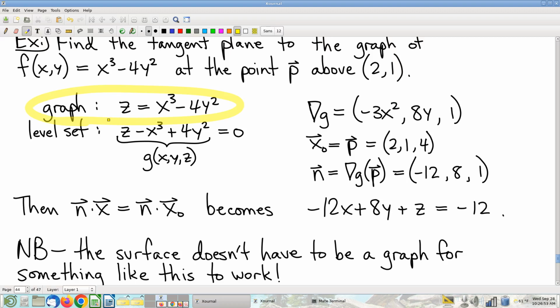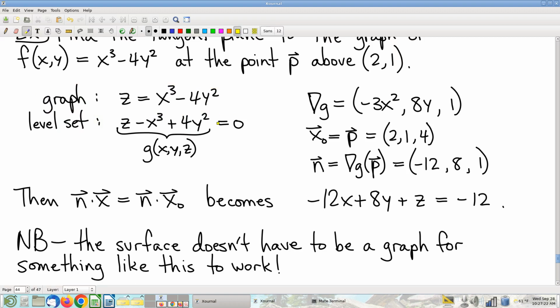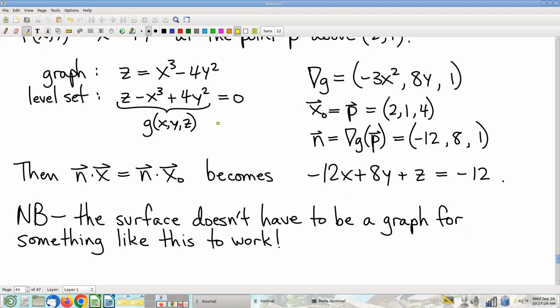Now, what is it about this equation that allows me to put all the terms on the left and have 0 on the right? The answer is that you can always do that with any equation. However many terms you have on one side, however many on the other side, you can just move them all over to the other side and have stuff equal 0. So it doesn't even have to be a graph for this trick to work.